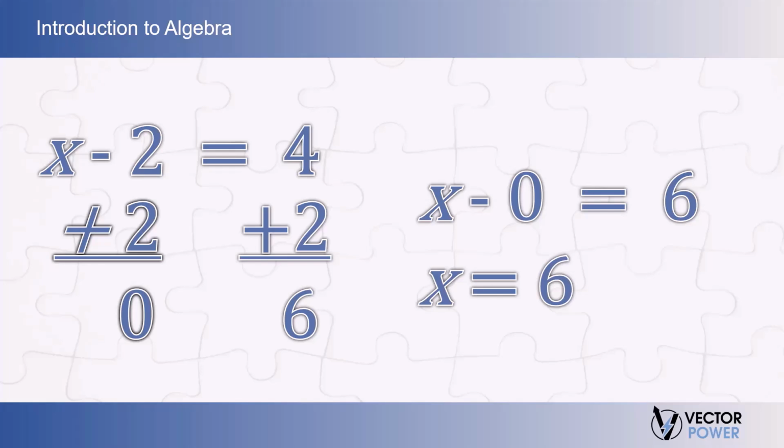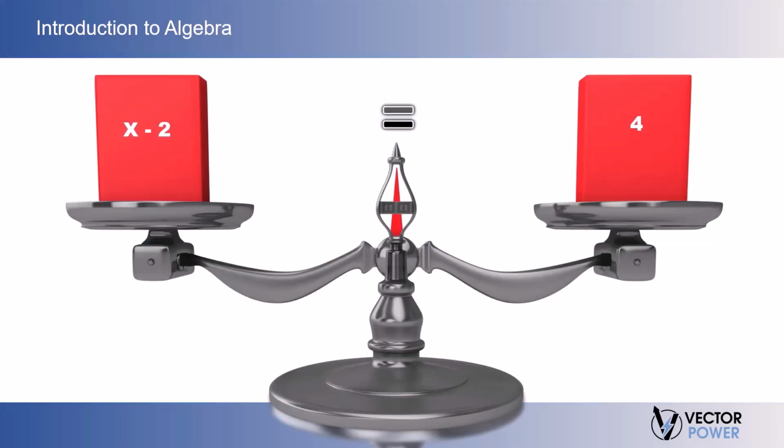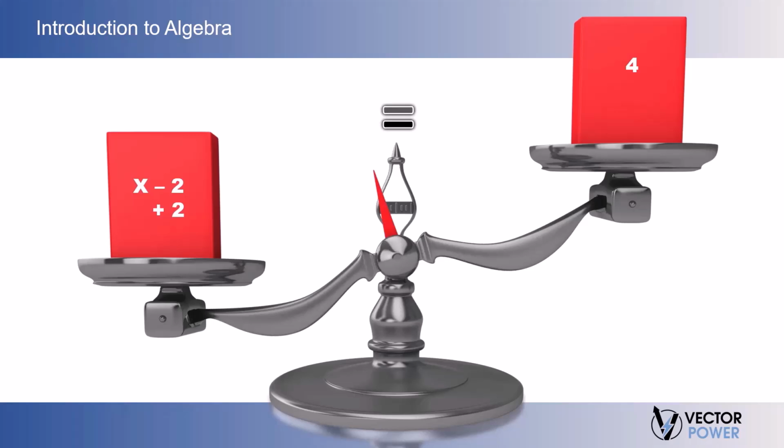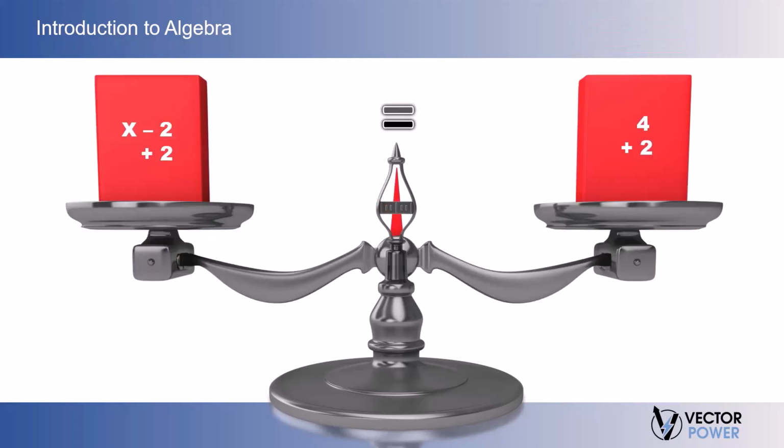So the problem is solved. X equals 6. Why did we add to both sides? Well, simple. To keep the balance. Just remember this: to keep the balance, what we do to one side of the equal sign, we should also do to the other side.